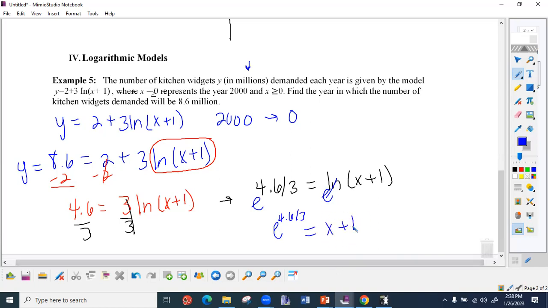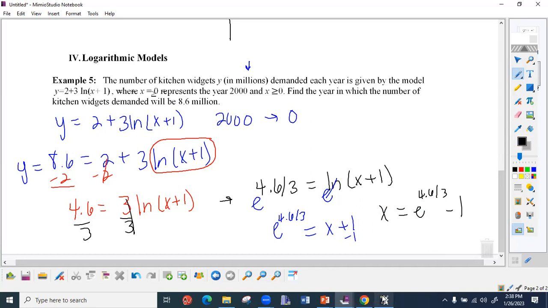The last thing we need to do to get our x by itself is to subtract 1 from both sides. So we subtract 1, and therefore, final answer, x equals e to the 4.6 divided by 3 minus 1. This is my exact value. I'm not going to tell someone in approximately e to the 4.6 divided by 3 minus 1 years, you will have 8.6 million kitchen gadgets.